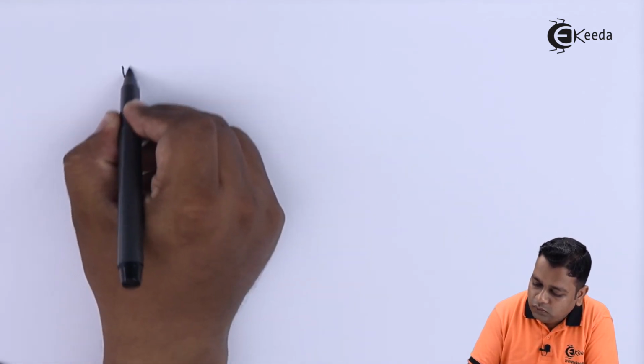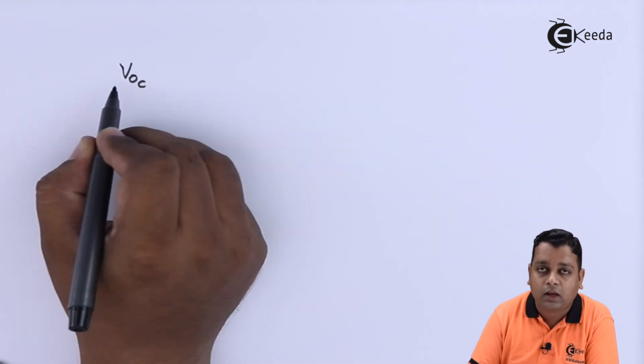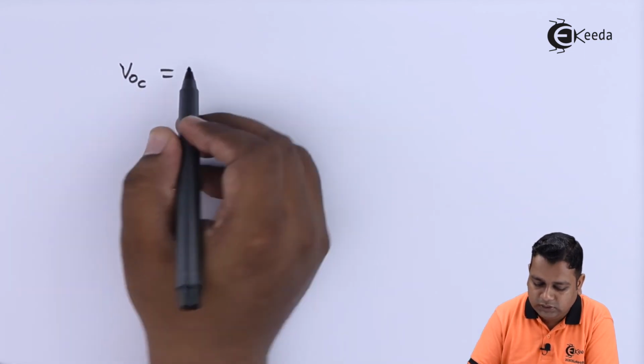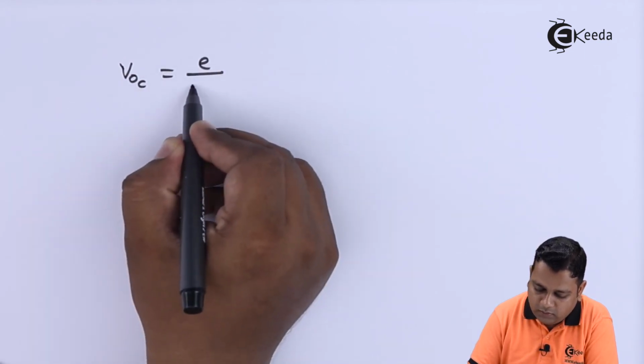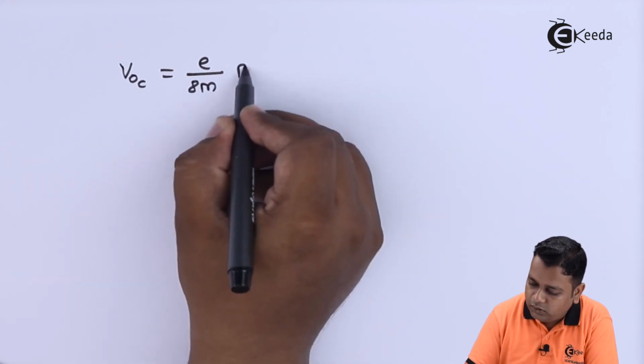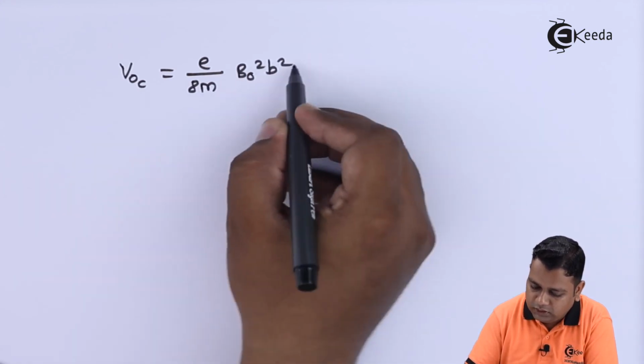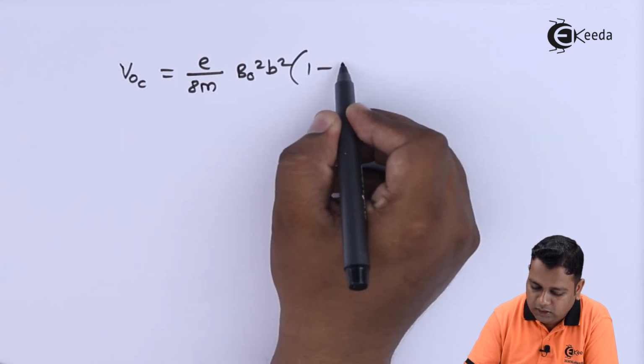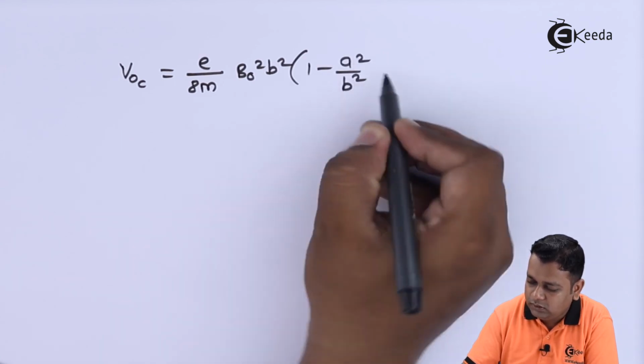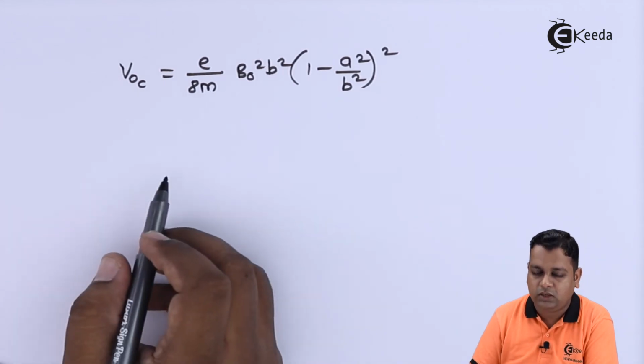So the condition was to adjust the potential and the magnetic field so that the electron only grazes the anode, not hits it. From the above equation, we can write the cutoff potential voltage. It is V0 for cutoff, with the suffix C here. This is given by E divided by 8m into B0 square into b square, in the bracket 1 minus a square upon b square, the bracket squared.